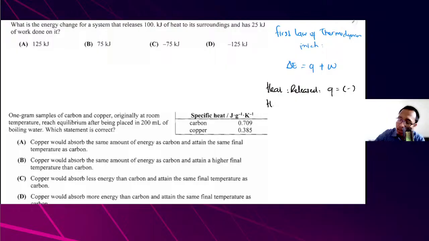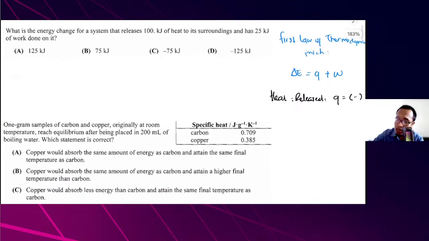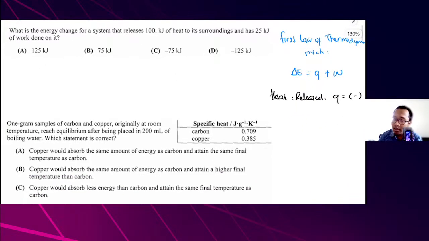If heat is gained, Q will be positive. However, if work is done on the system, W is positive.